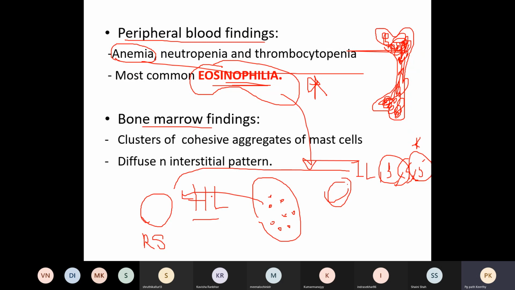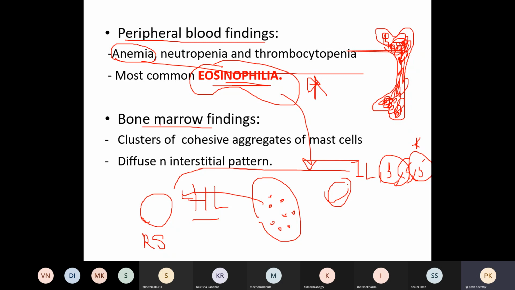But when you describe non-Hodgkin's lymphoma, we say 'monomorphous population of cells is seen'. That's the difference. So, understood interleukin 5? That's how interleukin 5 plays a role.